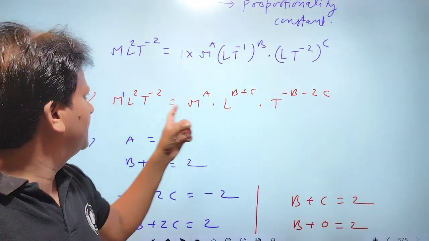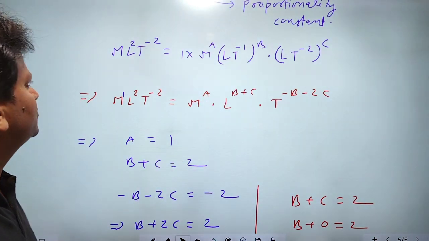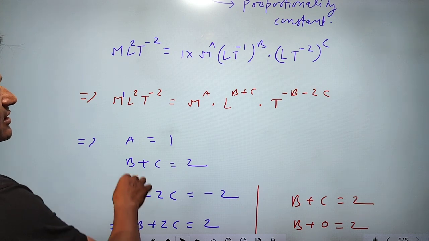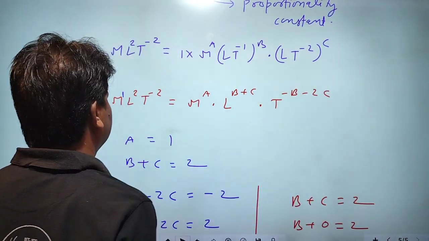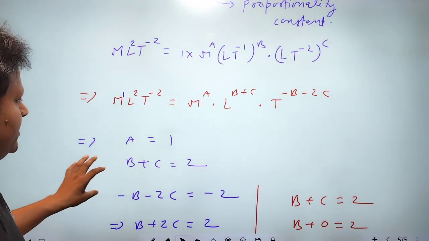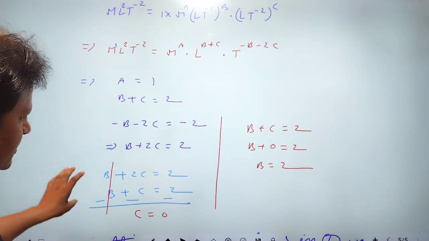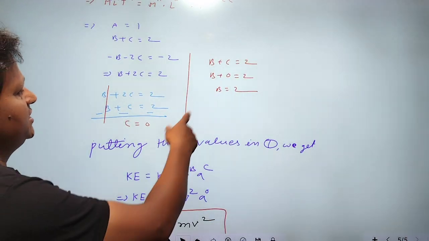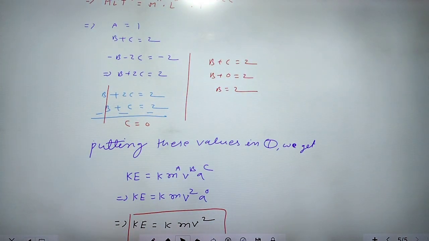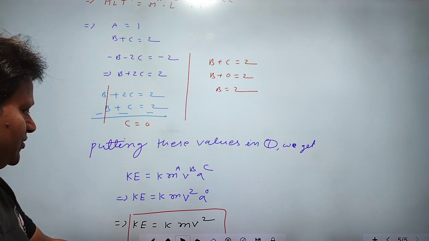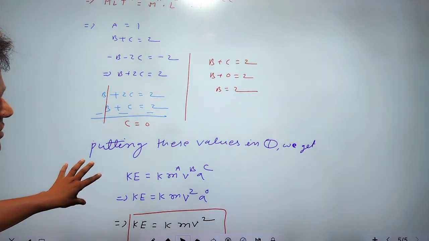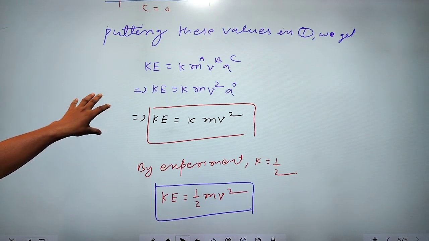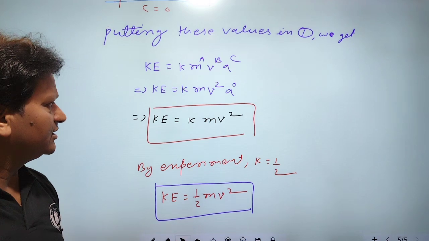After solving these equations we get the values of A, B, C. A is 1, B is 2 and C is 0. Now putting these values in equation 1 we get our result.